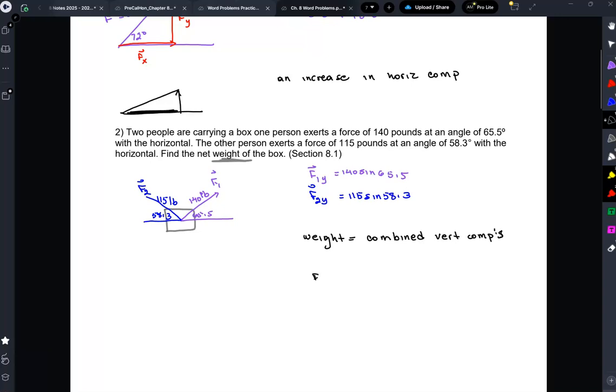So that's going to be F1y plus F2y, and together the weight is 225.238 pounds.